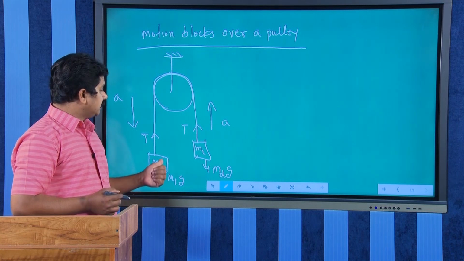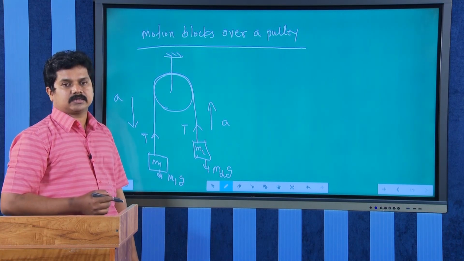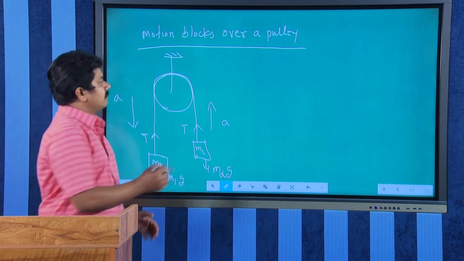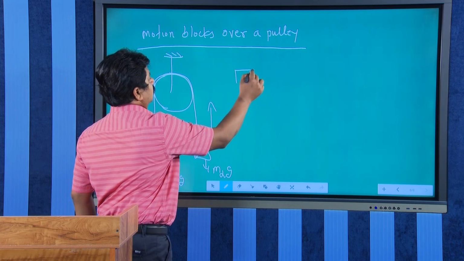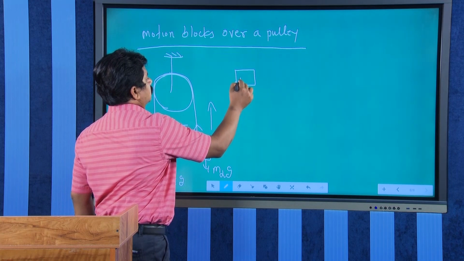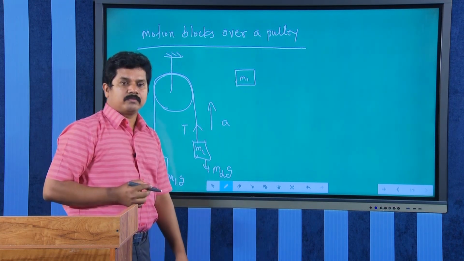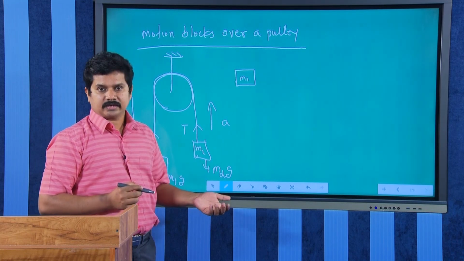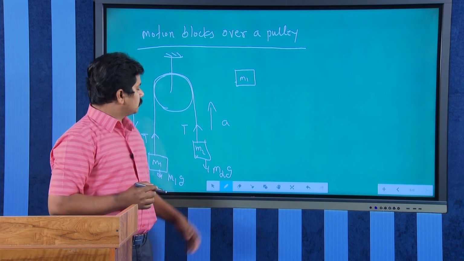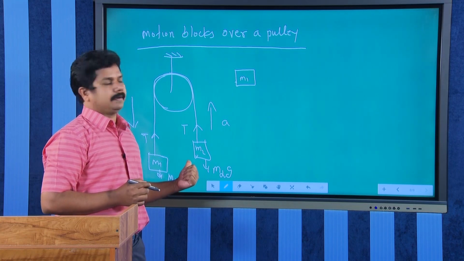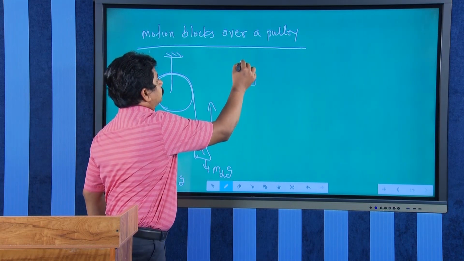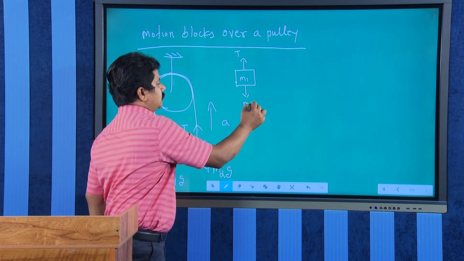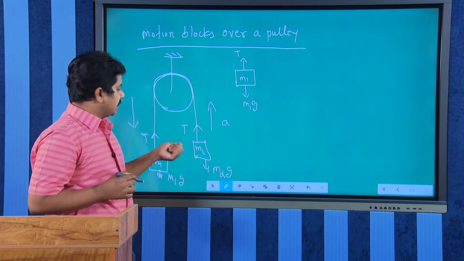Now, we need the tension and acceleration. Okay. Draw the free body diagram of M1. The free body diagram shows the body and the forces acting on the body. So, what are the forces on M1? T upward and M1g downward.